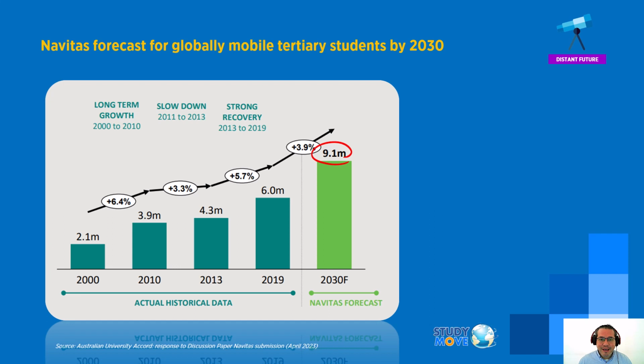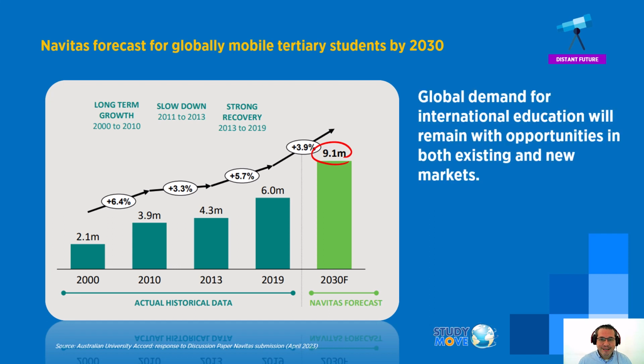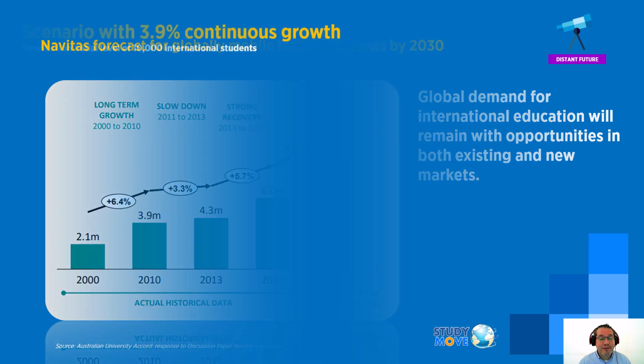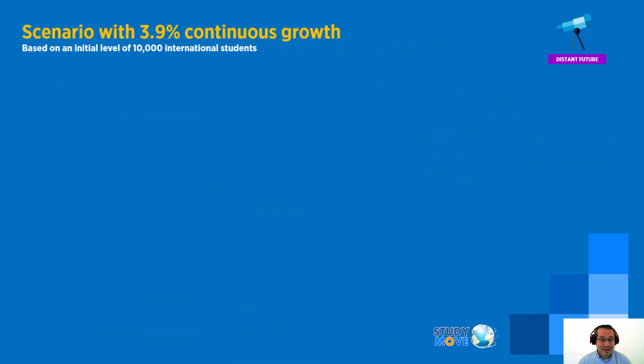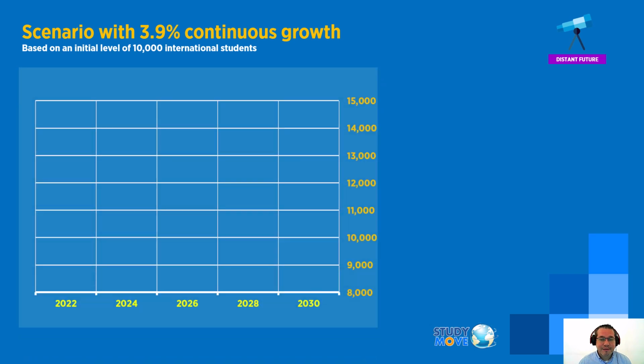What I think is quite relevant about this analysis is how this could reshape the international education sector. What is important is to try to understand how this continuous demand could affect the experience and the strategies that education providers are taking to engage with international applicants.